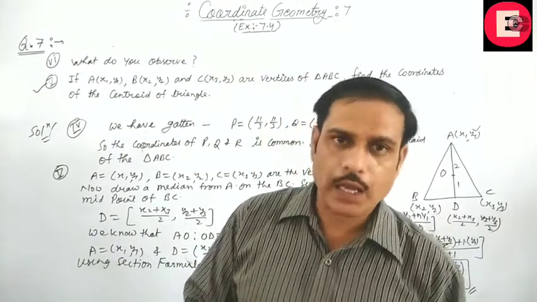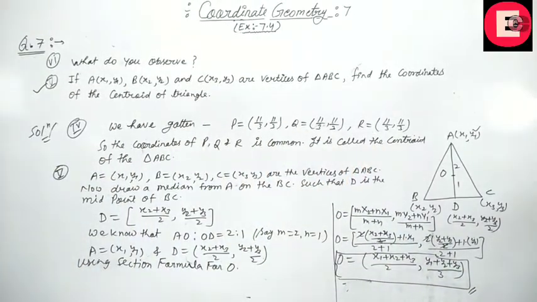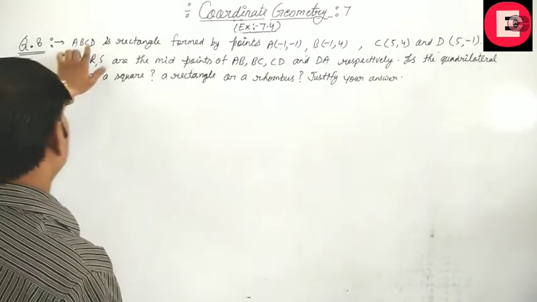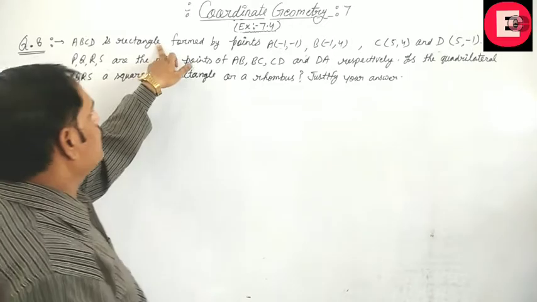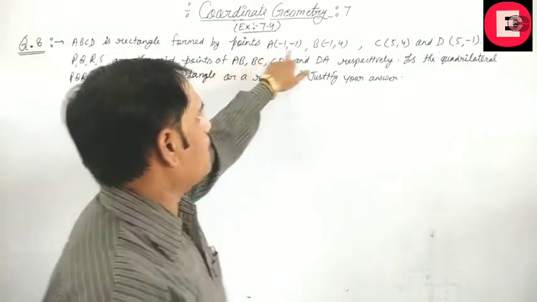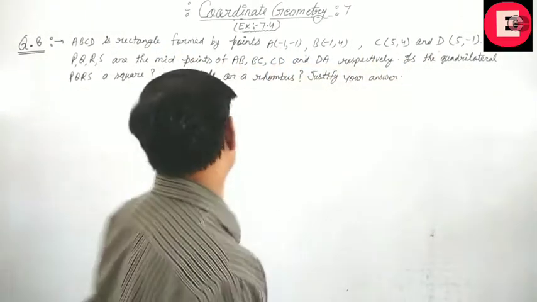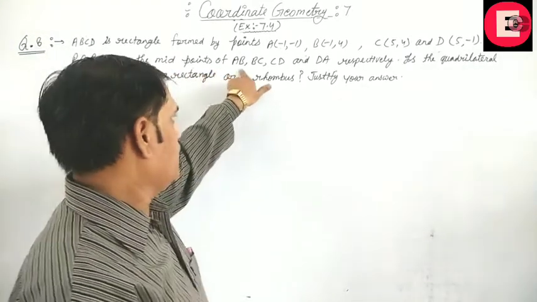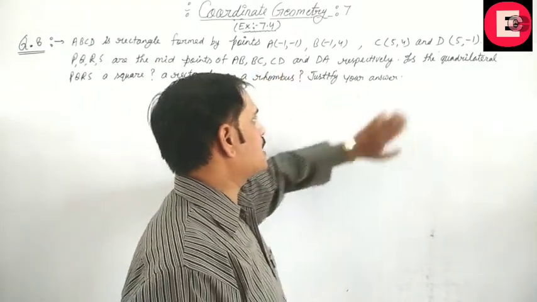Question number 8. ABCD is a rectangle formed by points A, B, C and D. Clear? P, Q, R and S are the midpoints of AB, BC, CD and DA respectively.